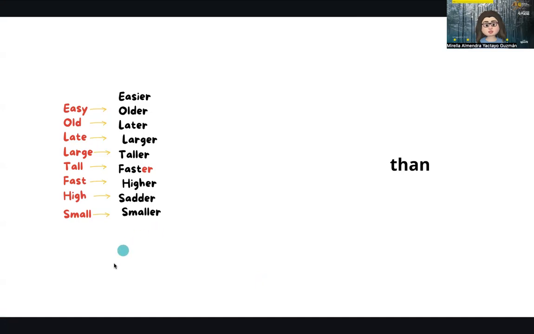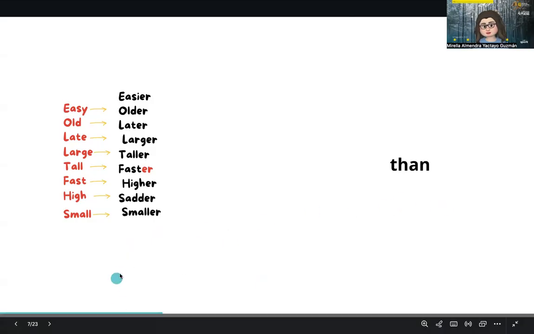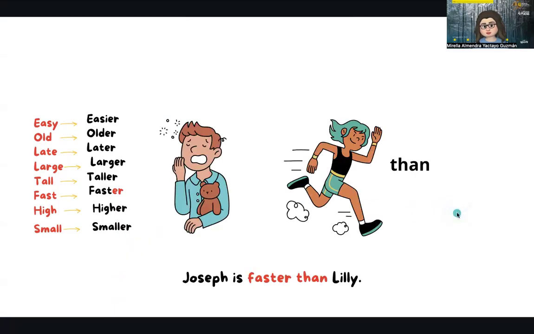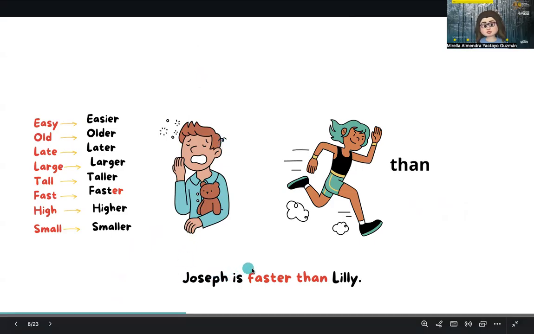So you make sure you compare 2 things or 2 people. Let's continue. All right. So let's think about an example: Joseph is faster than Lily.